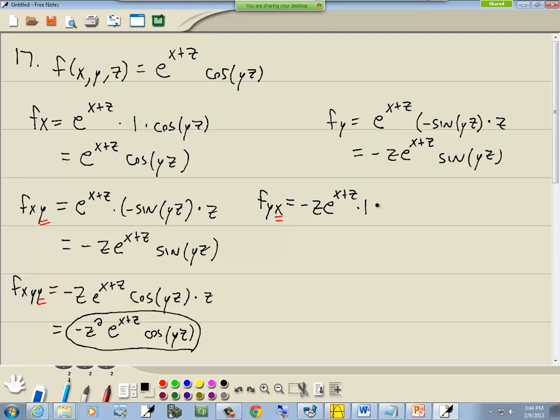So it really doesn't do anything. And then sine yz. So that gives us negative z e to the x plus z sine yz.